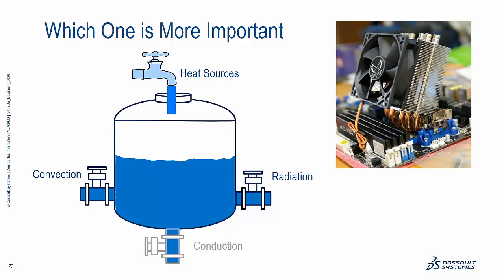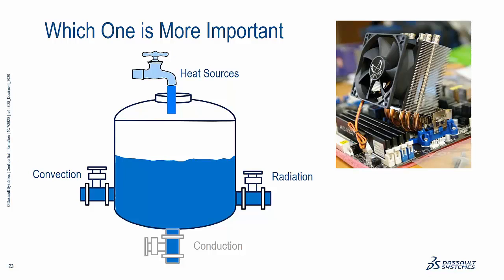Eventually, when it reaches the surface, it has to leave your system by convection and radiation. So you can design your system to have nice conduction inside, but in the end, you have to deal with the convection and radiation.